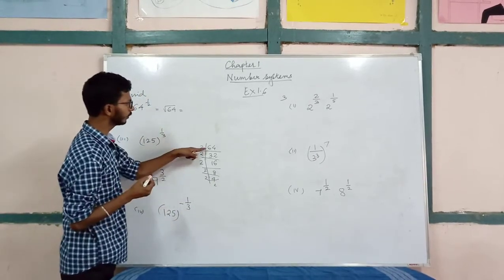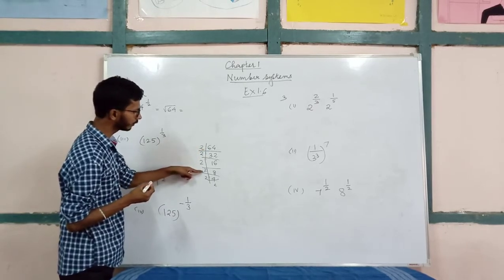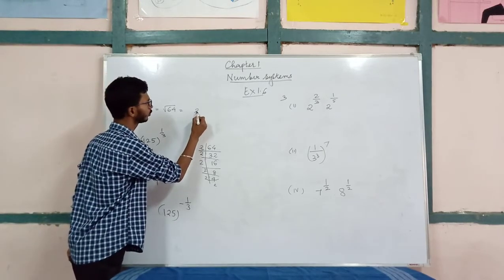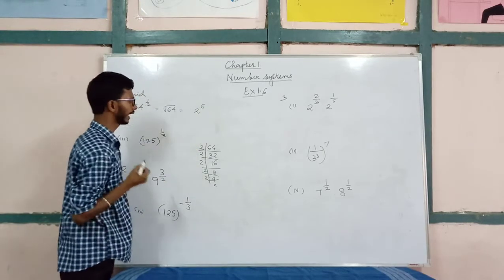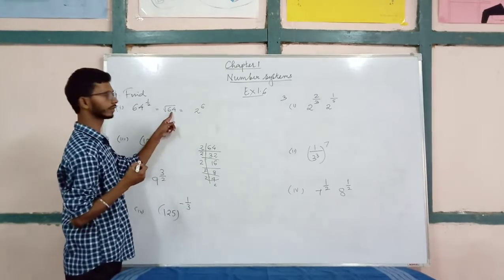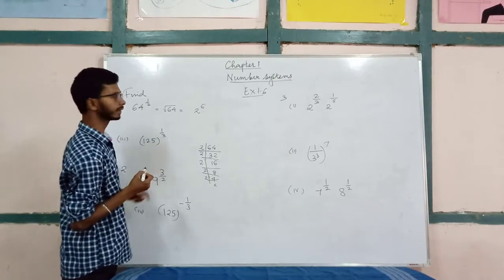So 64 can be expressed as the product of how many 2's? 1, 2, 3, 4, 5, 6. So we can write 2 to the power 6, because 2 is multiplied 6 times to get 64.